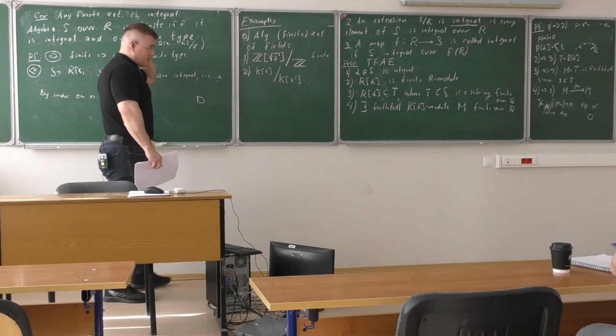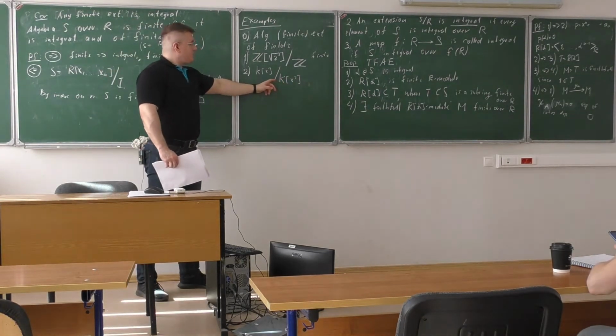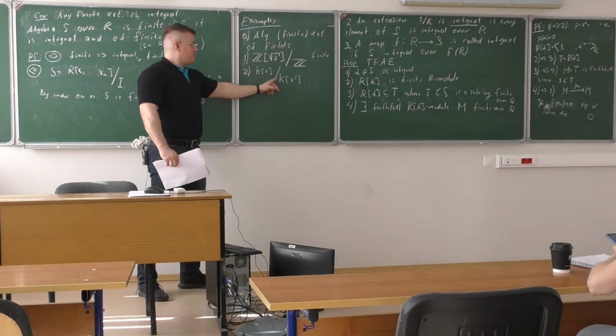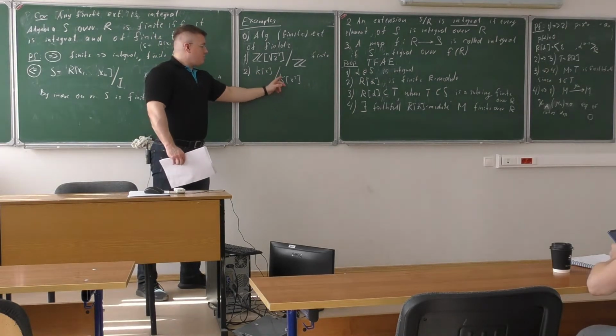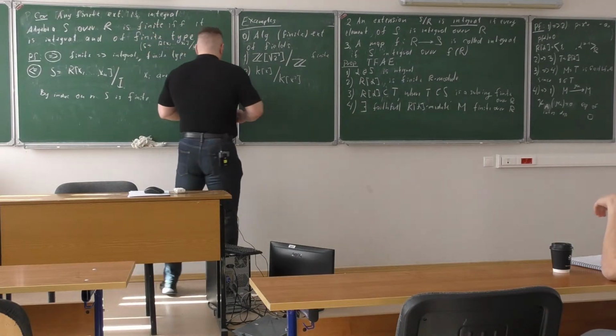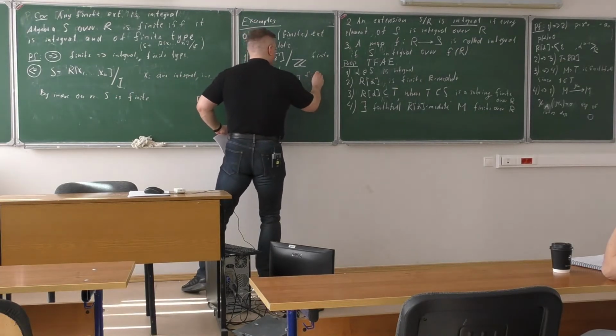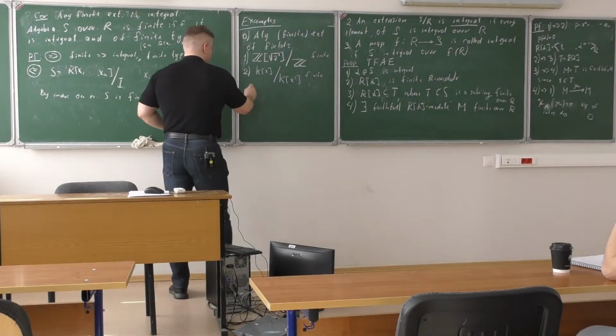Essentially, you consider polynomials in one variable and you add the square root of this variable. But it's also a nice way to write the same thing using generators x and x squared. Again, this is finite, not just integral, but even a finite extension.